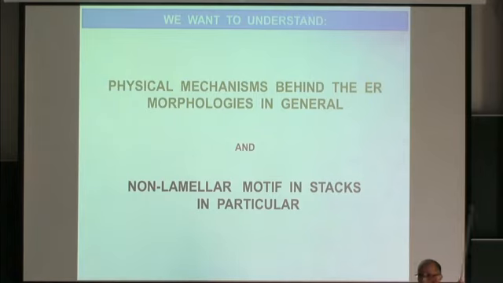So there are cells which have a relatively small amount of sheets and mainly tubes. In this case, as I showed in the first, the sheets are often just integrated in tubular network and don't face each other. In cells which are specialized in secretion, such as salivary gland cells, they are full of sheets, and then the sheets are stacked.